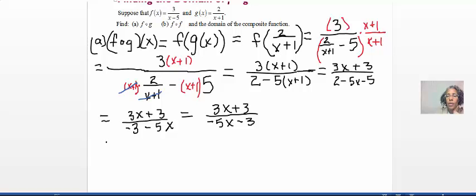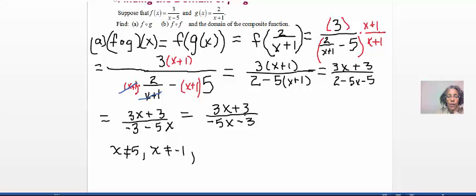All right, so in order for f to be defined, x can't be 5. In order for g to be defined, x can't be minus 1.